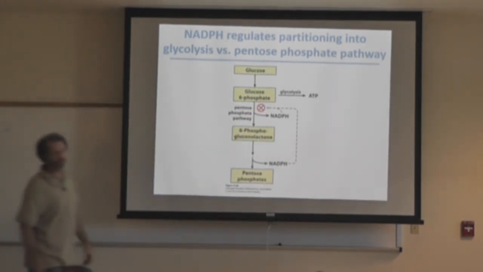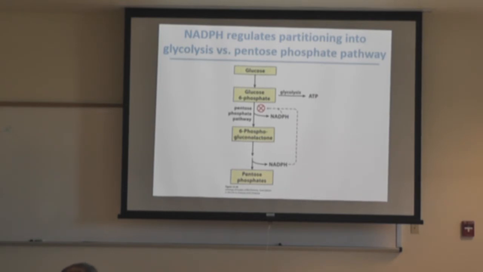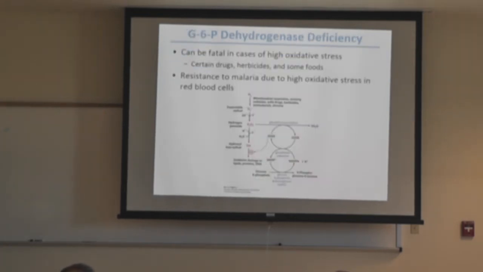So feedback inhibition. So the products feeding back, modulating that first enzyme in the pathway. So glucose 6-phosphate dehydrogenase deficiency causes disease. And I'm not going to ask you about this either.